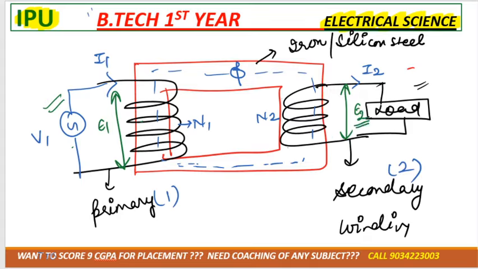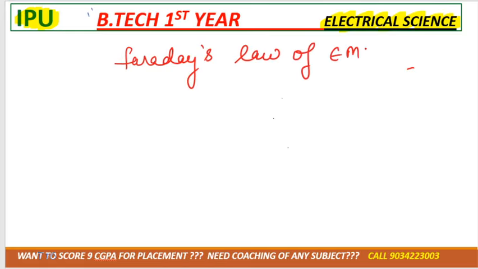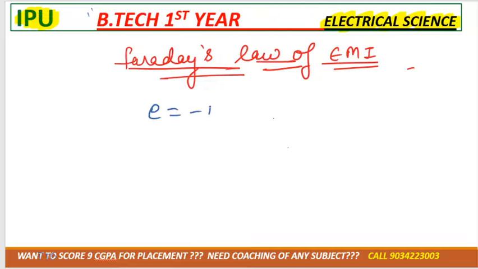Now the question arises: how is this EMF induced, on which principle is it based? So basically it is based on Faraday's law of electromagnetic induction. What does Faraday state? As you have studied in machines also, E is equal to minus N d phi by dt.